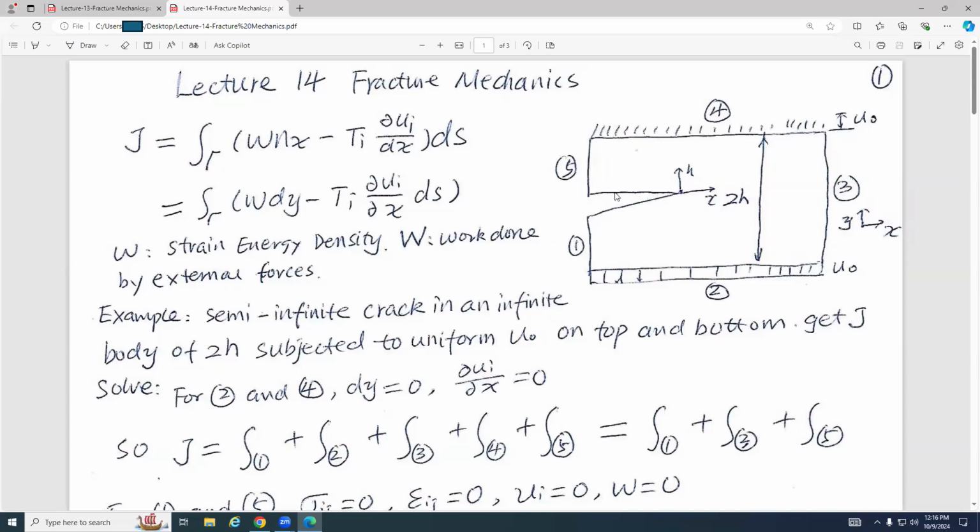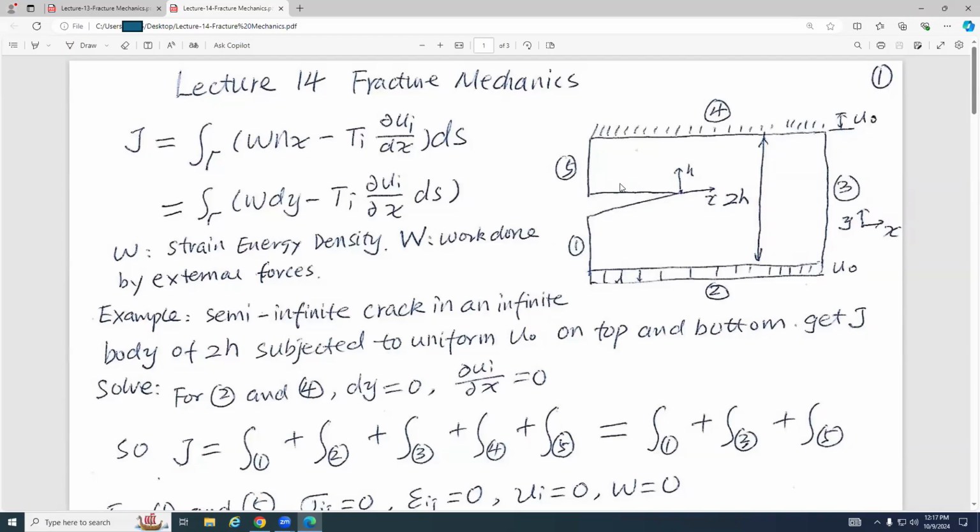For this case, this gamma does not include the crack surface. Suppose this is a sharp crack surface, sharp for visualization. I just draw this one very, very big, but you should think of this as very, very short. Otherwise, the J integral is not accurate.